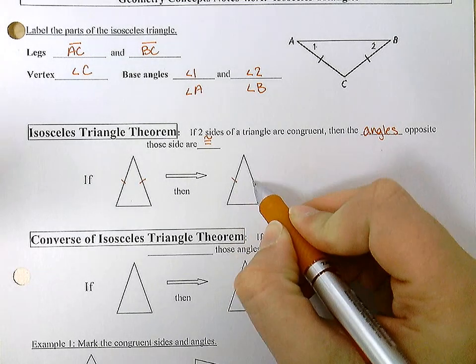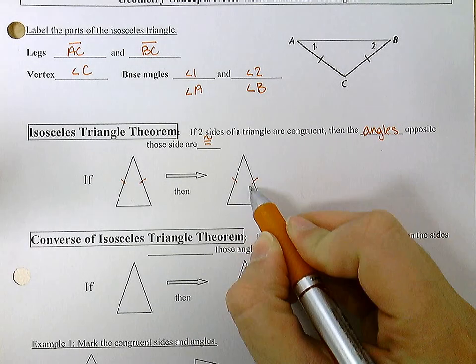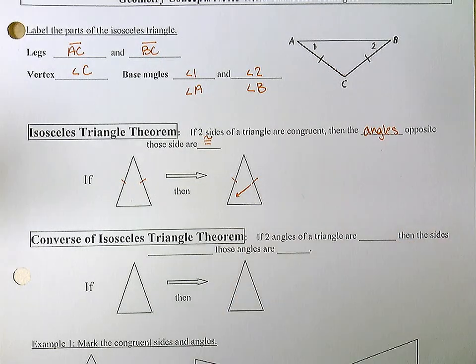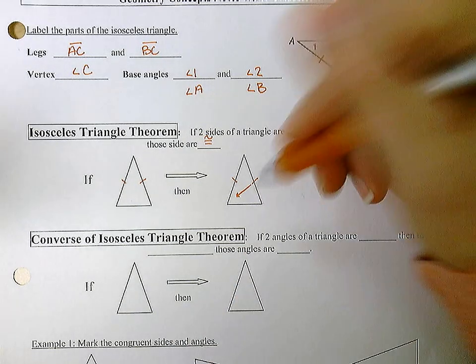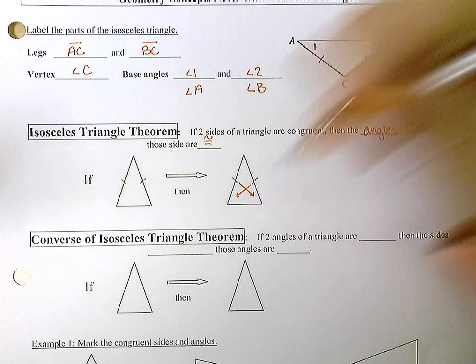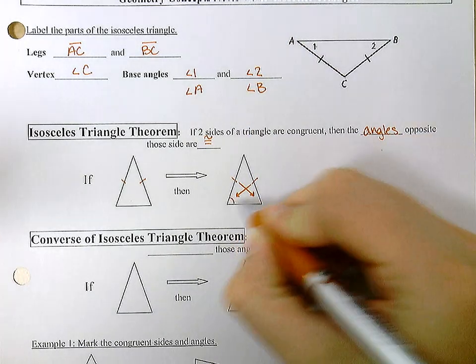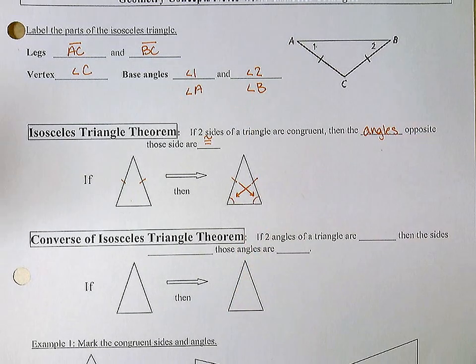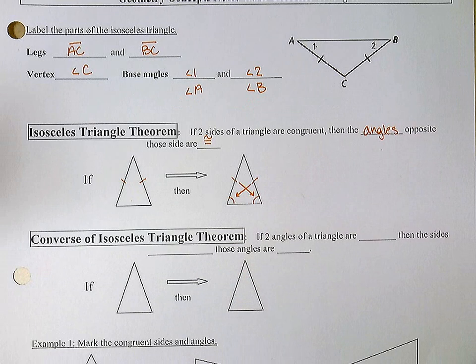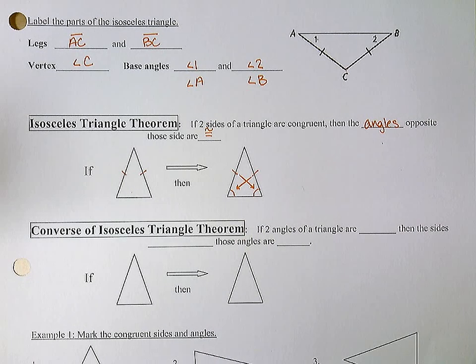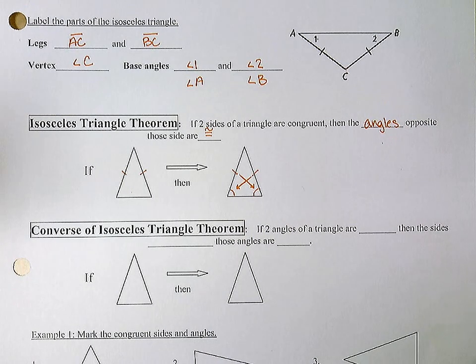Again, I have my sides congruent. The angle opposite that side and opposite this side would also be congruent. So those are your base angles. Your base angles in isosceles triangles are congruent.